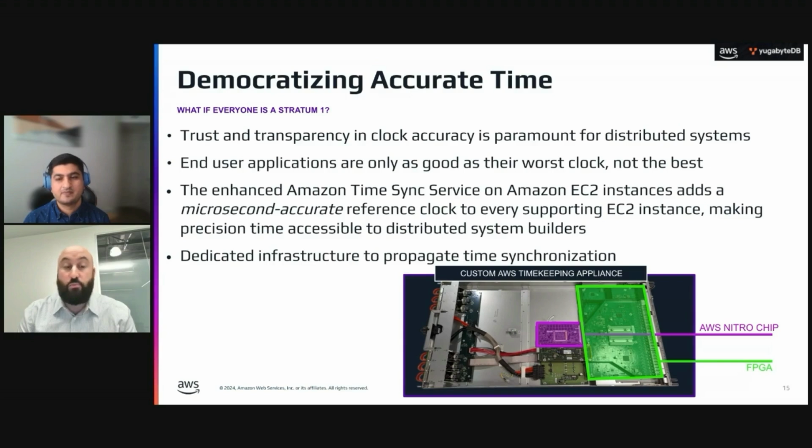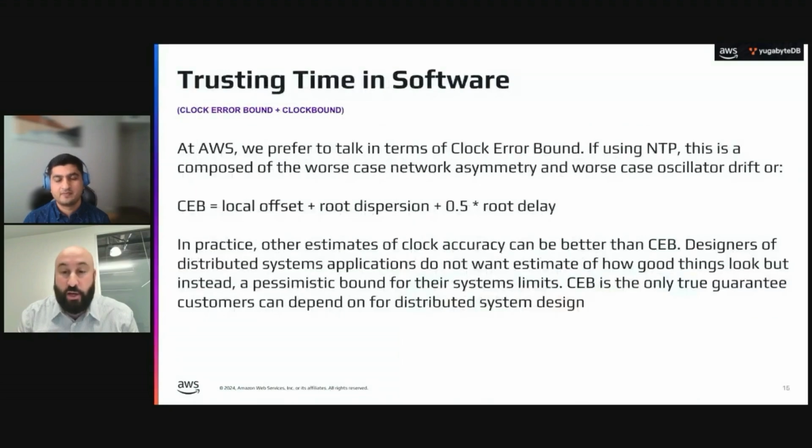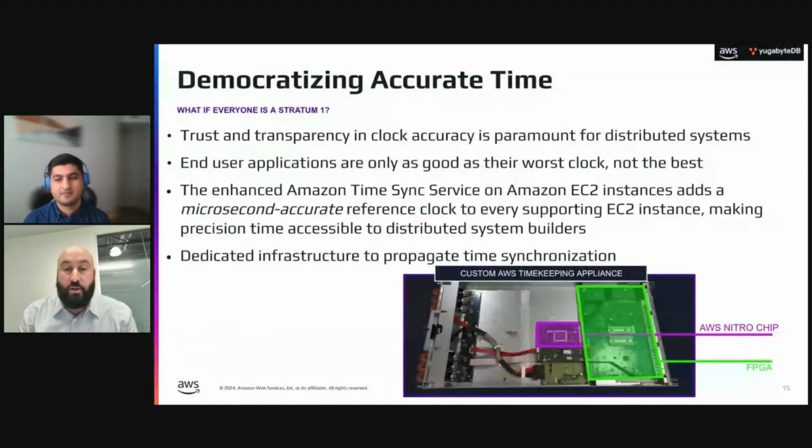So we have multiple antennas, multiple atomic backups, dedicated hardware cabling going directly to the Nitro system and the Nitro card on our EC2 instances in order to provide that hardware reference clock to keep the skew as low as you can. In this photo is one of our timekeeping appliances showing the Nitro system and the FPGAs that we use. Again, it's all hardware based, not software based, to give customers the best time that we can, all the way into the guest OS and application.